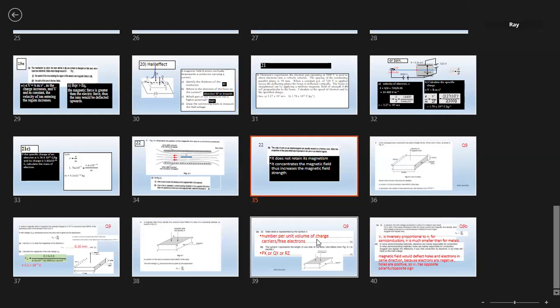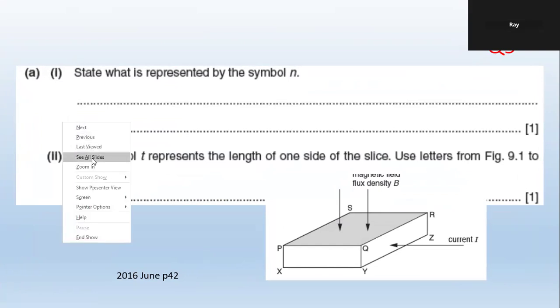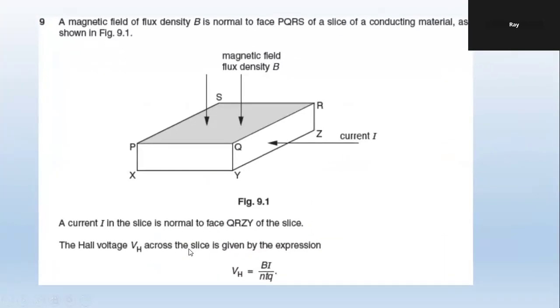Right, let's try the one I sent you. What is represented by the symbol N? Magnetic flux density B is normal to the surface PQ of the slice of conducting material as shown.